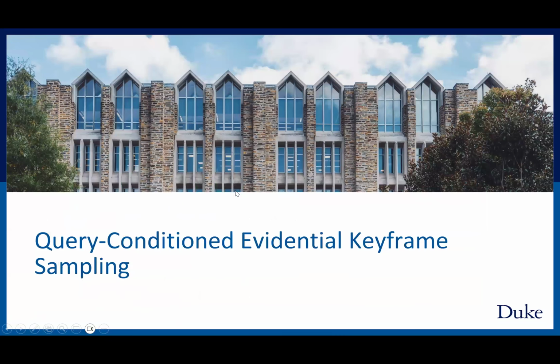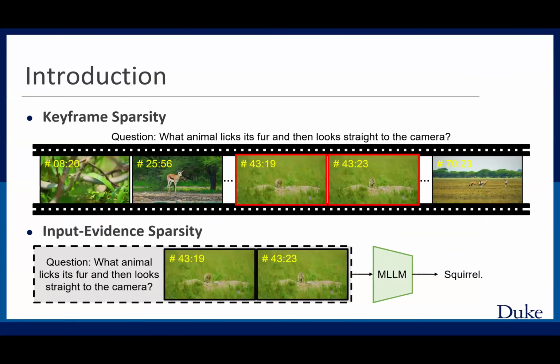Okay. All right, so this is the first part, and I'd like to move to the second part, evidential keyframe sampling, primarily for visual understanding. Considering a long-form video where we have some questions to answer, as I mentioned previously, usually only a few frames contain the evidence necessary to answer the questions.